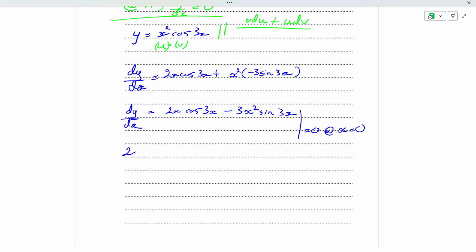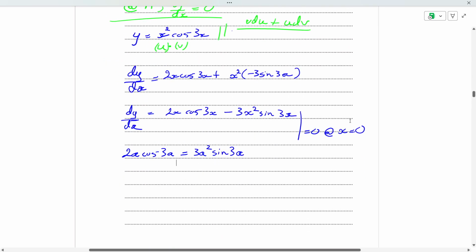We have 2a cos 3a minus 3a squared sine 3a, right, is equal to 0, right? And this is equivalent to just taking that to the other side. When I do that, this just becomes positive, equal to the positive.